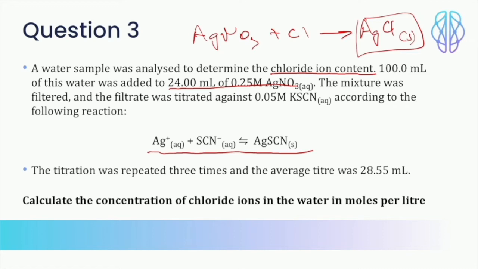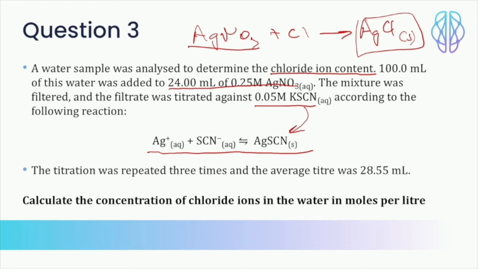They've added the silver nitrate to it, and silver chloride has precipitated out. They've then filtered that mixture through, and they've got a liquid. In that liquid is all the excess silver nitrate that's present, if that makes sense. They then titrate this excess silver nitrate with 0.05 molar potassium thiocyanate. And that is the reaction that's happening.